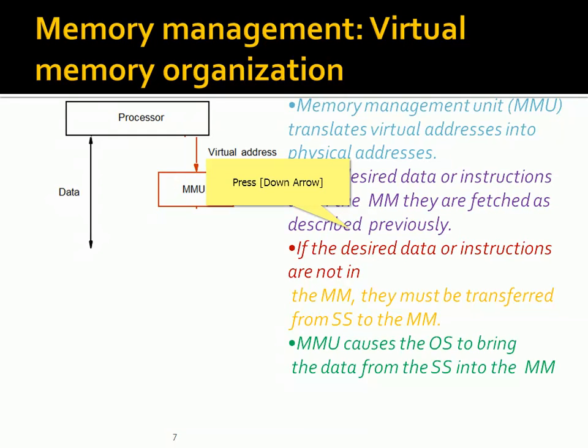So that data has to be supplied to the processor, and the memory management unit will take that responsibility. Also, in order to serve the request or demand of the processor, the virtual address or logical address will be converted into a physical address. So the physical address helps us to identify the location in the main memory, right?